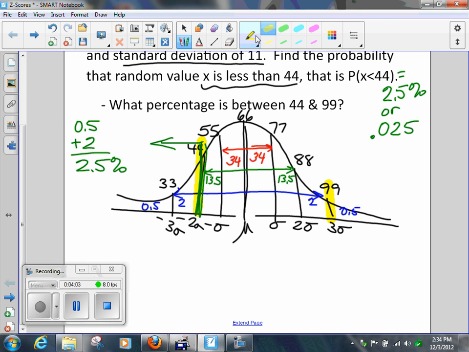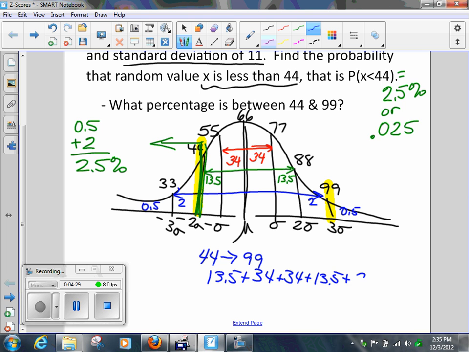And once I have those lines drawn, folks, I'm usually pretty good because all I do from that point is I just add those values. And I'm going to take each of my little numbers, from 44 to 99, I'm going to take 13.5 plus 34 plus 34 plus 13.5 plus 2.